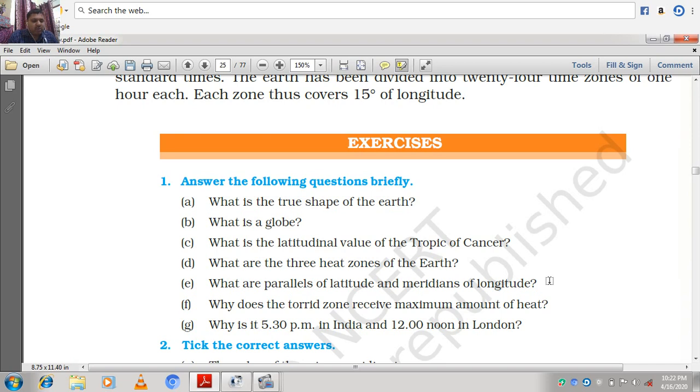All the latitudes, the parallel lines which move parallel to the equator, are known as the parallels of latitude. And meridians of longitude are all the lines which go through the north to south poles.